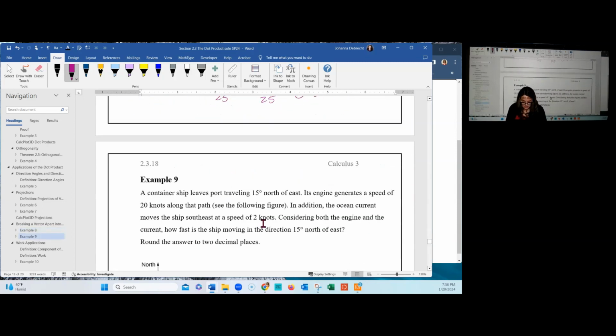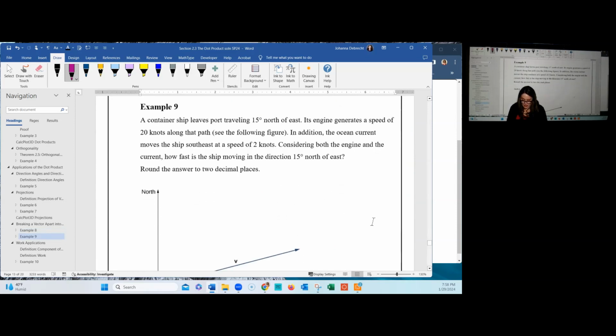Let's take a look at example 9, which is an application problem. So we have just a little bit left to do. We have a container ship. The container ship leaves port and is traveling 15 degrees north of east. So east is going to be directly to the right in a horizontal line. 15 degrees north of east means tilted up 15 degrees.